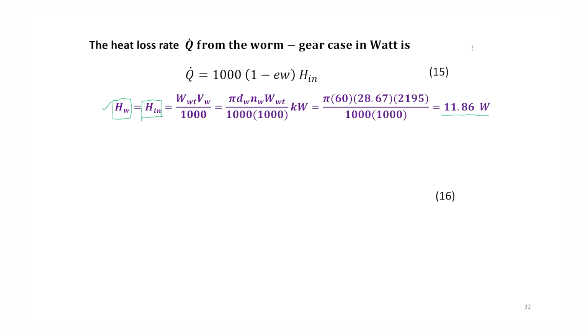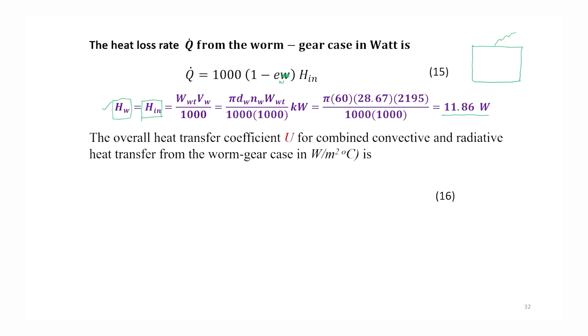That means if the casing is this one, within which the worm and worm gear set is kept, then the heat loss will equal to 1000(1 − e_W), where e_W is the efficiency of the worm drive, and H_in is this one. So we will find the heat loss rate Q dot.